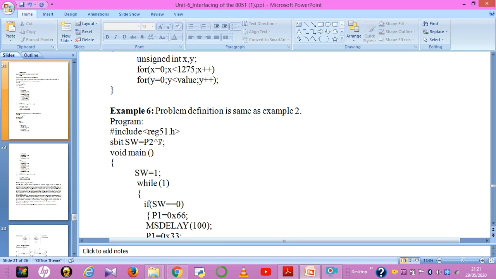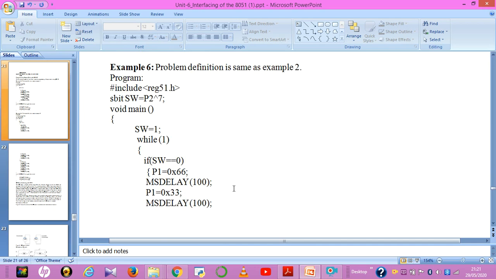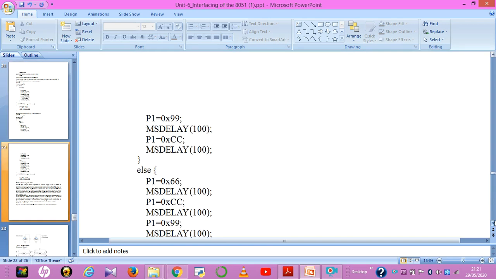Next, P2^7, the 7th bit of port 2, is connected to the switch. To check the status of the switch, whether it is 1 or 0, I am using an if condition here. If the switch is 0, this is the sequence to rotate: the same thing, 66, 33, 99, CC.